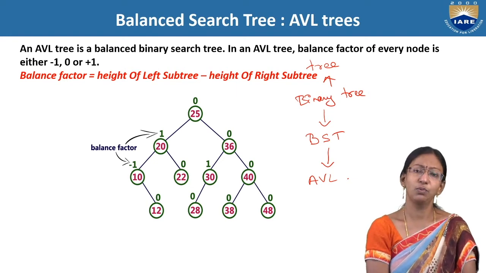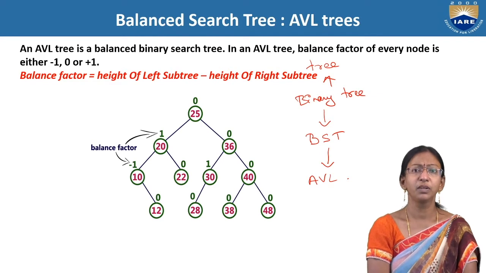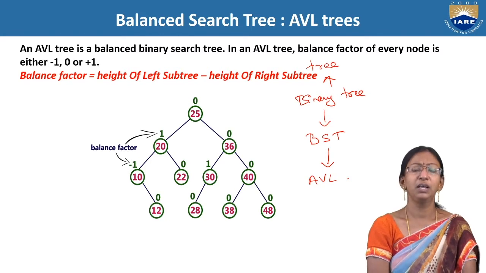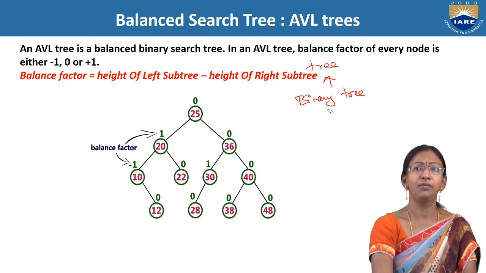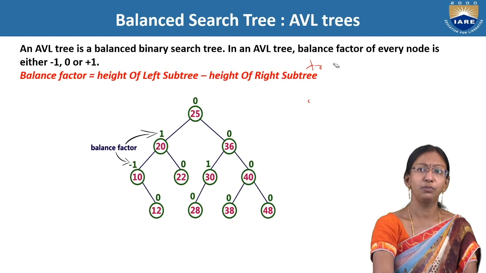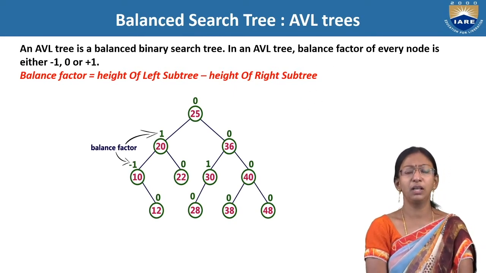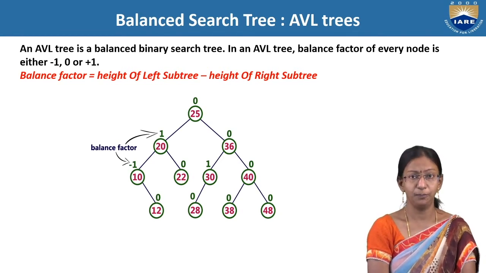To balance the height, AVL trees say that the height difference of left and right subtrees must be either -1, 0 or 1, so that the binary tree is well balanced. So when we store the data in memory using either arrays or linked lists, memory wastage will be very, very less. Have a look at the picture which I have given over here.